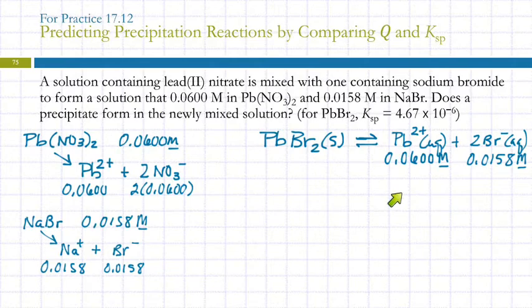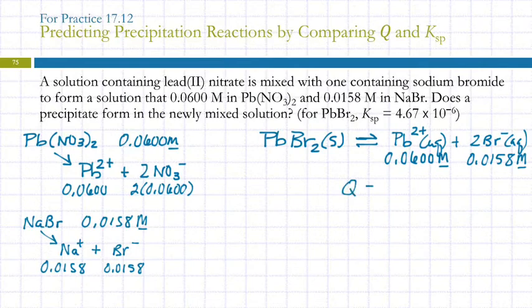So here we have concentrations for these 2. What we want to do here is we want to calculate Q. Q is calculated the same as KSP, but we're just going to use the concentrations that are there right now. We're not going to try to figure out what the equilibrium concentration is or anything.